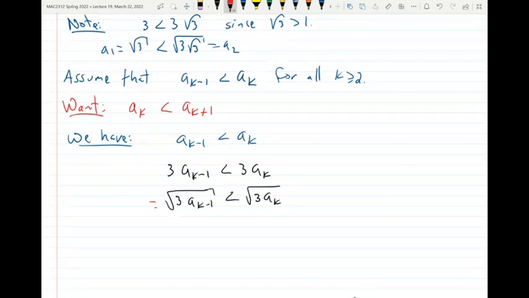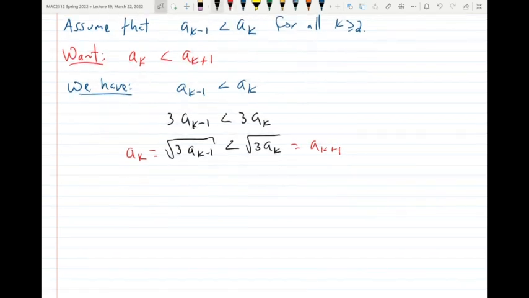That's the next term, which is ak, right? This is the k minus 1 term. The next one is the k term. What comes after k? So what is this? The k plus 1 term. So there you go. ak is less than ak plus 1.